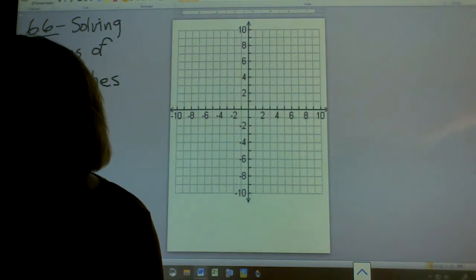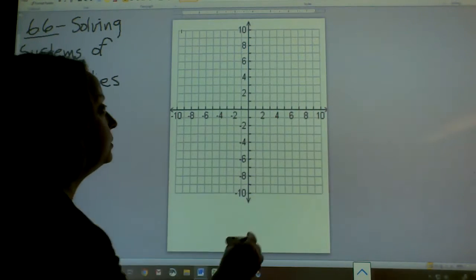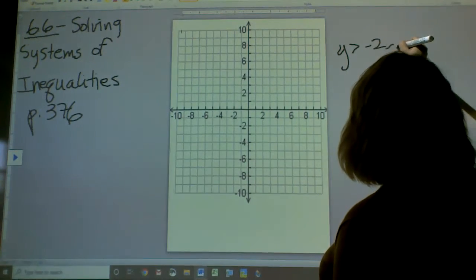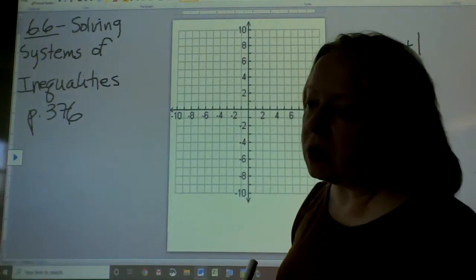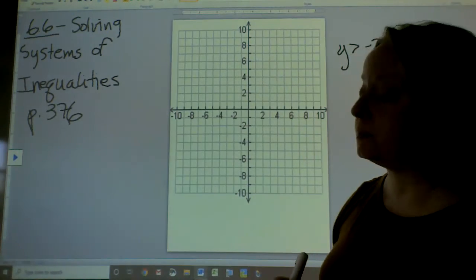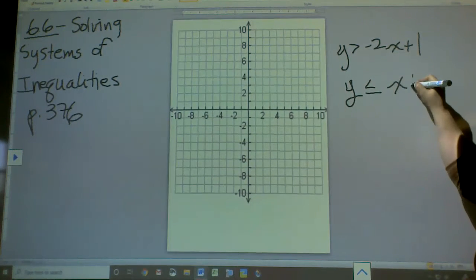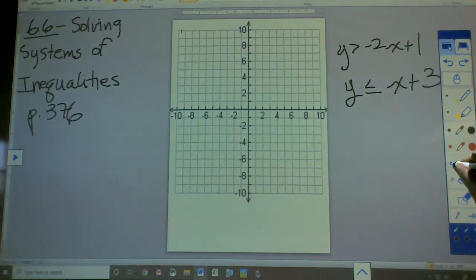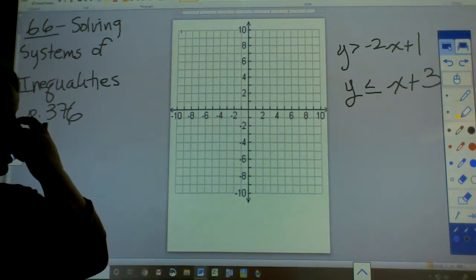So the first inequality is y is greater than negative 2x plus 1. And the second one is y is less than or equal to x plus 3. So I'm going to use blue to graph the first inequality here.